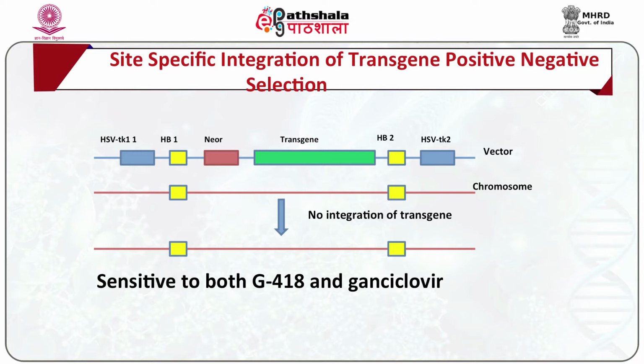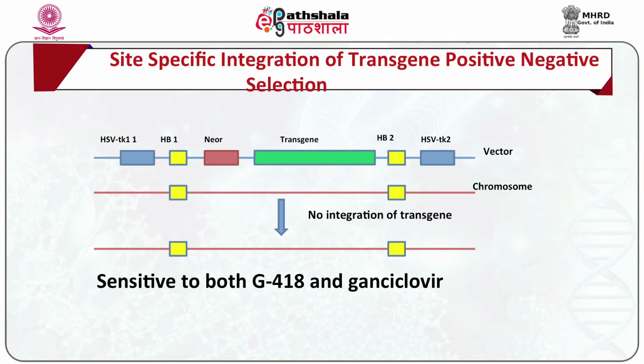Site-specific integration of a gene is mediated by gene targeting vectors. These vectors can undergo homologous recombination with the chromosomal gene. They contain two blocks of DNA sequence, HB1 and HB2, that are homologous to two separate regions of the target site for the integration.